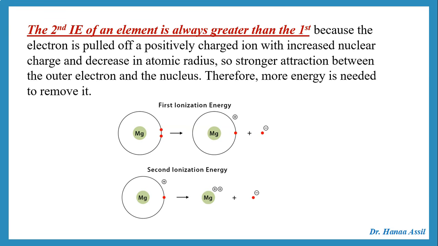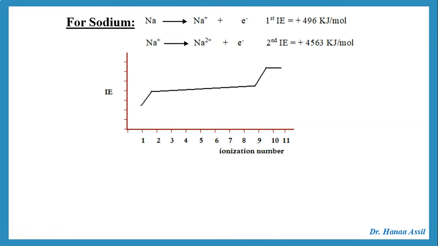The electrons, or that energy level, is pulled more strongly, or attracted more strongly, to the nucleus, and therefore more energy will be needed to remove that second electron. So for any element, the second ionization energy is always greater. Once I have removed one of the electrons, the rest of the electrons are pulled more strongly, with stronger attraction forces to the nucleus, and therefore more energy is needed to remove them.